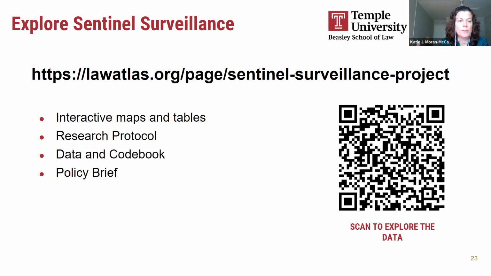And then on the homepage for each data set, you'll see the interactive maps and tables, the research protocol, data pages, and code book that are published with the data sets, as well as the policy brief that gives just a summary of the legal landscape, discusses evidence and policy recommendations, as well as thoughts on a research agenda going forward. Next slide.